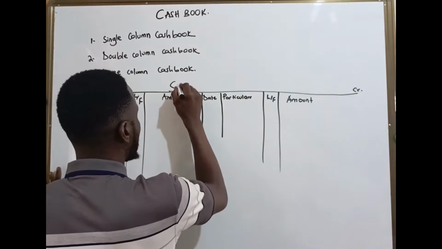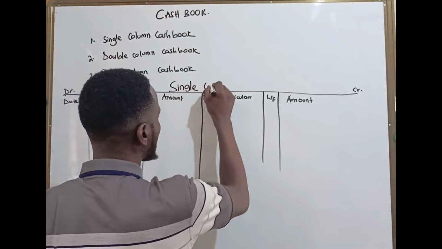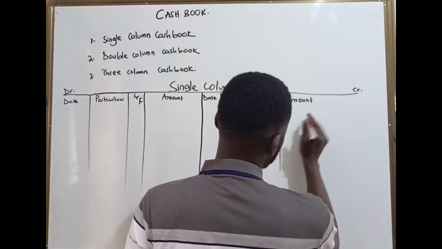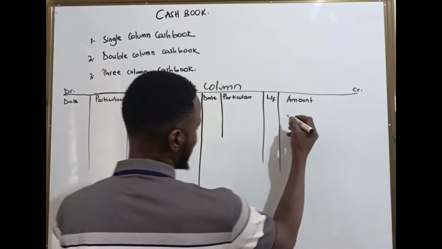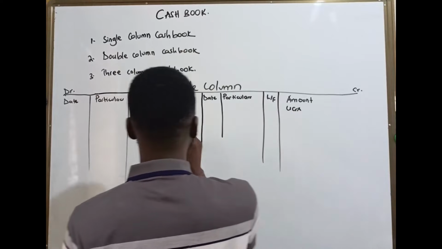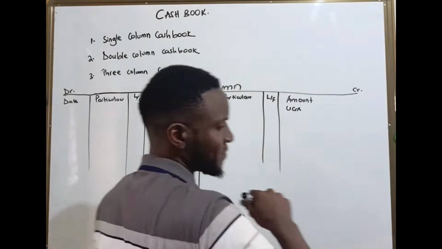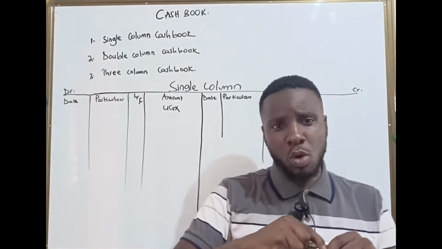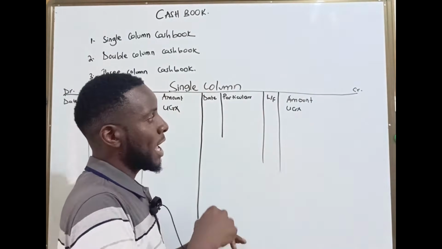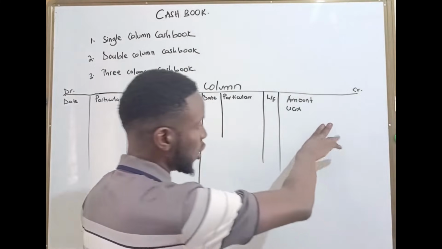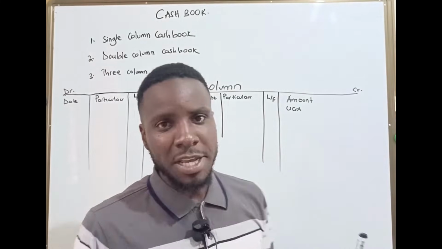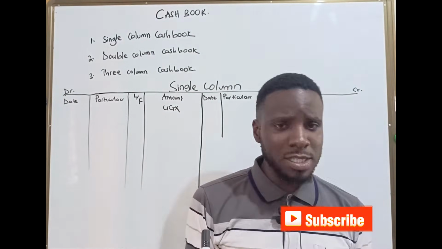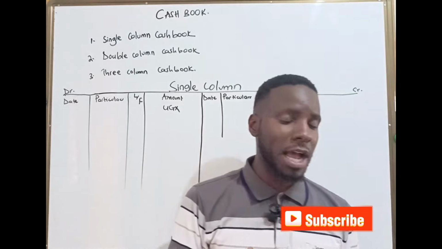So when we talk about the single column cash book, of course, our amount should be in Uganda shillings or whatever currency they give you. If it's Uganda shillings, you indicate that it's under Uganda shillings. Now, this is how the single column cash book looks. It combines the amount here, whether the amount was by check or by cash, because remember we said the cash book looks at payments and receipts of cash.